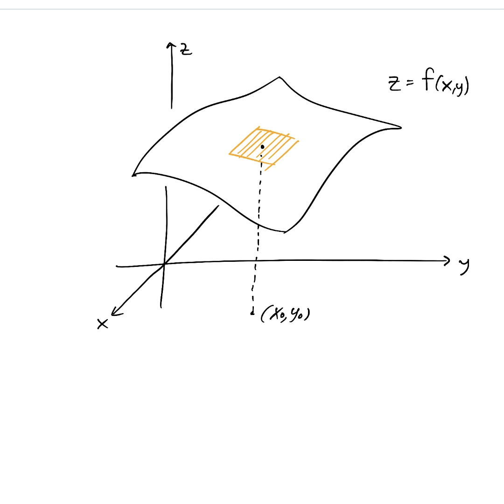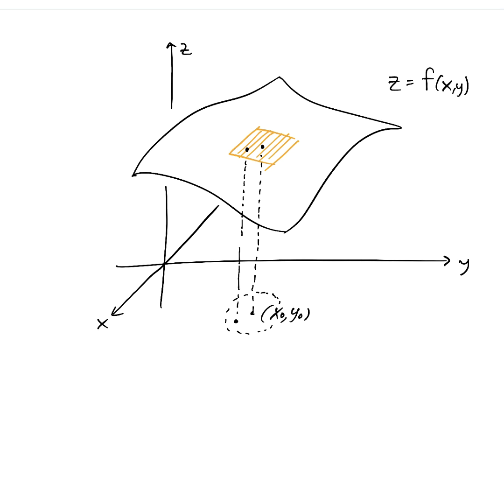And if we are interested in plugging points near the known point into the surface, well, we may as well plug them into the tangent plane and say, you know what?